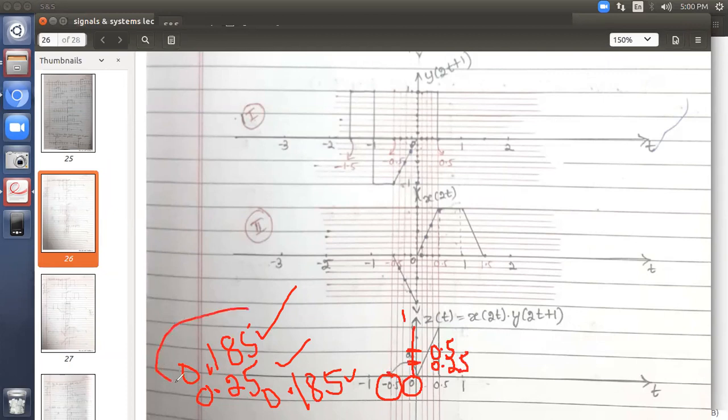First value we got is 0.185, some value here. Then the next value we got 0.25, exactly here. Then the third value we got 0.185, somewhere here. So I have 1 point here, 1 point here, and 1 point here.